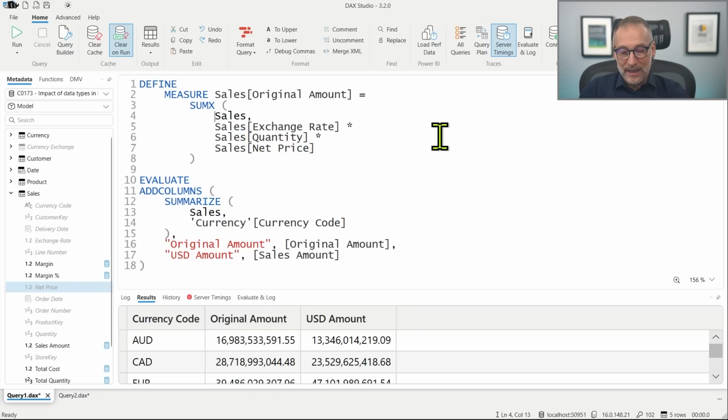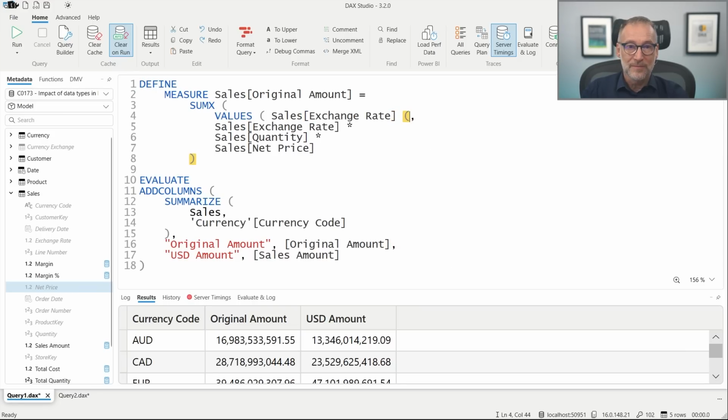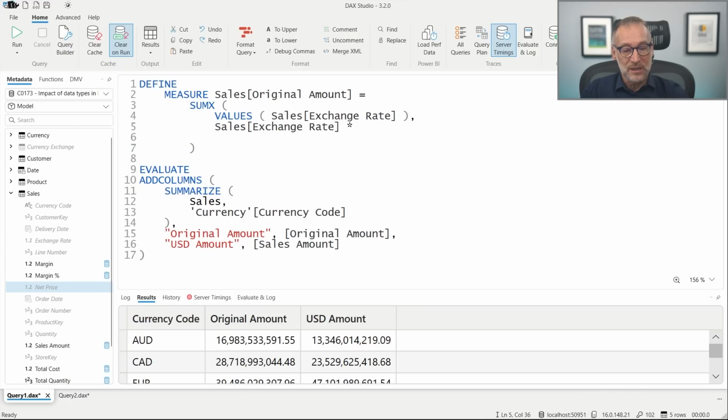In order to do that, I can iterate not over sales, but over values of sales exchange rate. So I iterate not the entire sales table, 200 million rows, but only the exchange rate values. And then I compute the exchange rate times, I can no longer use quantity times net price, but I can use sales amount.